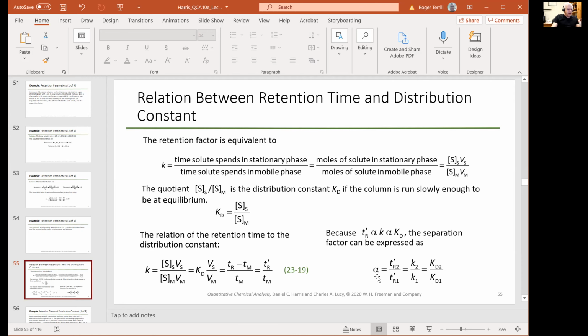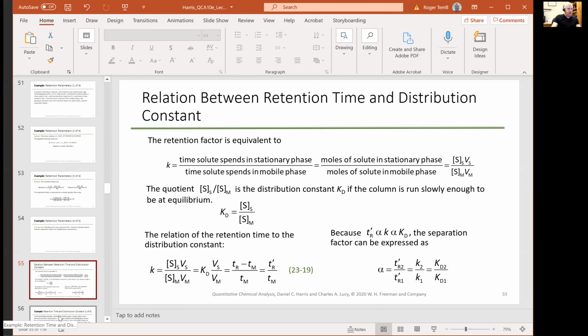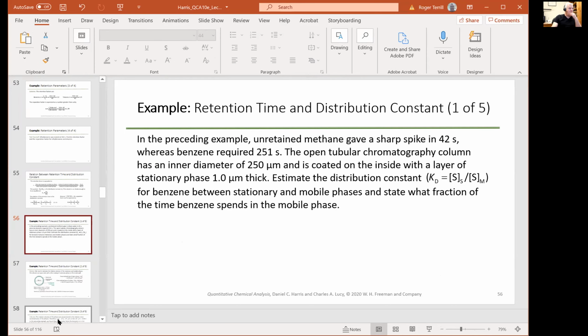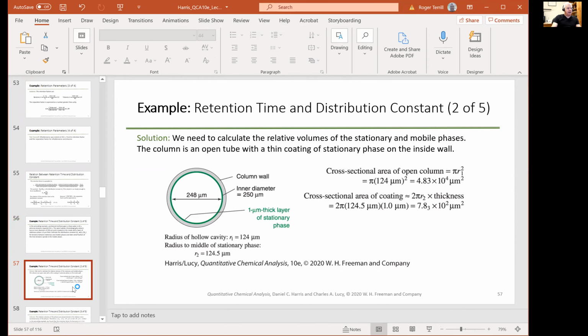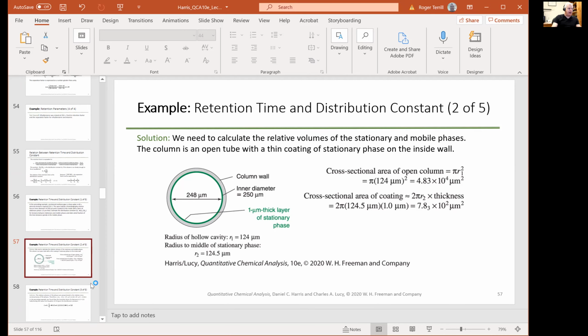So there's a little game you can play with k and alpha, right? k refers to a specific peak, where alpha refers to any pair of peaks here. So, here's an example of how to do that kind of calculation, right? And if you want to do the volume calculation, you can.